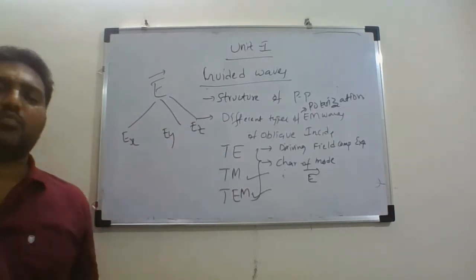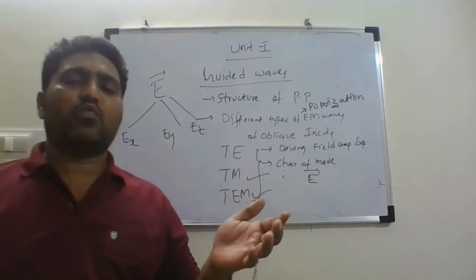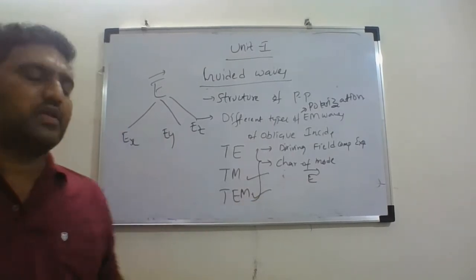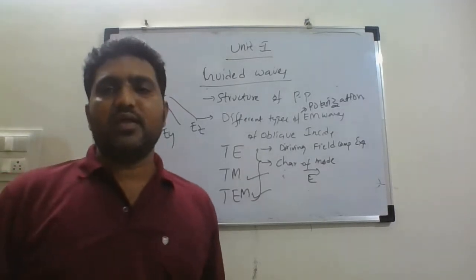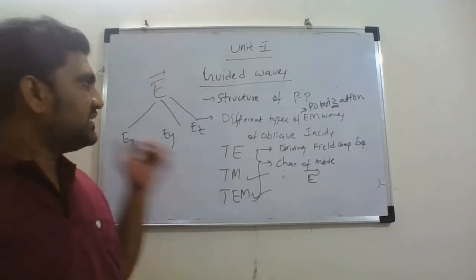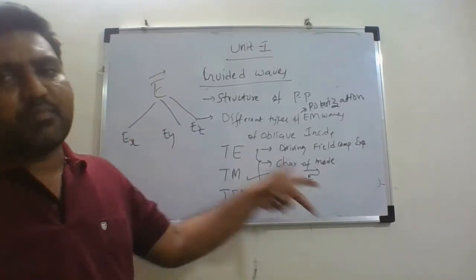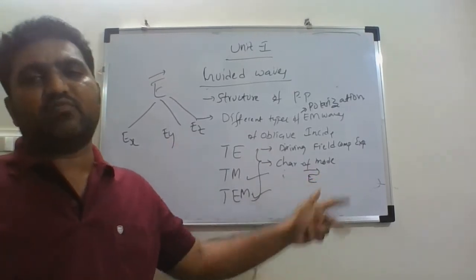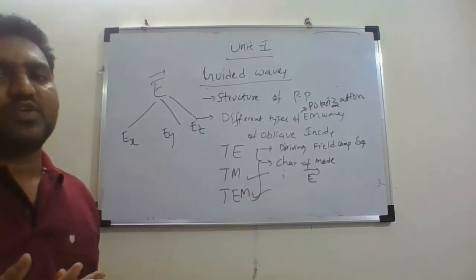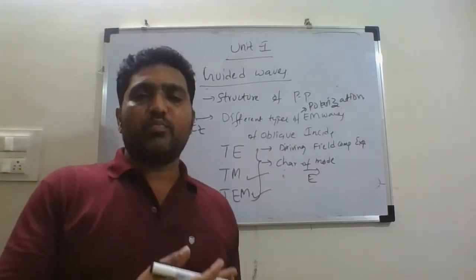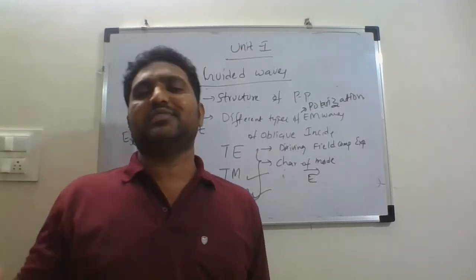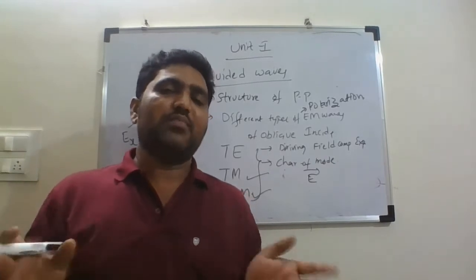So there will be a component along x, along y, and along z. So Ex, Ey, and Ez, all of them exist. But when you incident this electromagnetic wave on the boundary inside the waveguide, what happens? Which components exist? Which components will survive? Which components will become zero or get diminished?